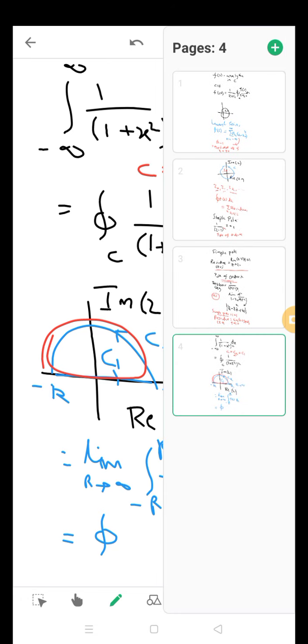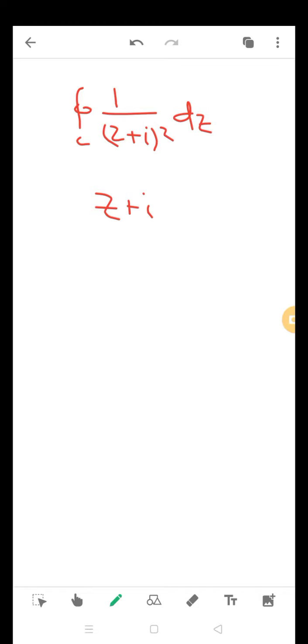So proceeding, now we have an integral over C. The function is 1 by (z square plus 1) to dz. Now we have to find the singular points or the poles. For that we have to make z square plus 1 equal to 0. So we get two roots, plus i and minus i.